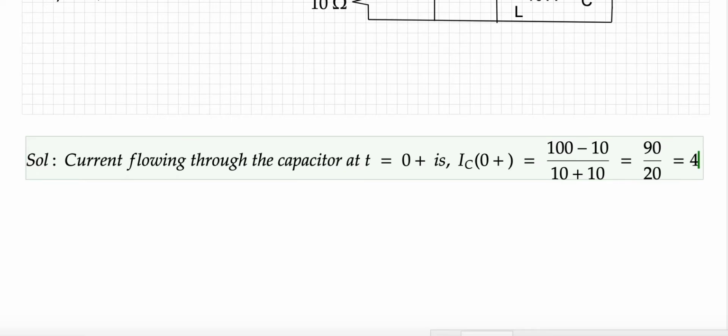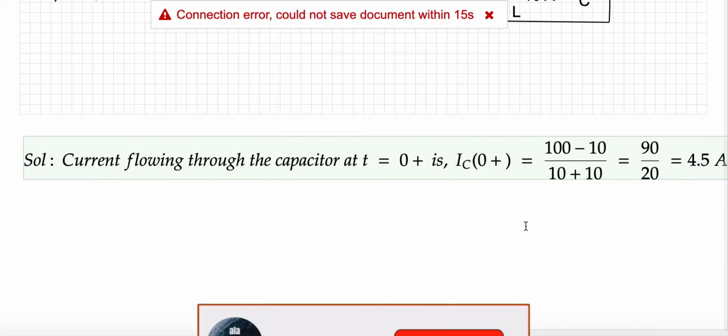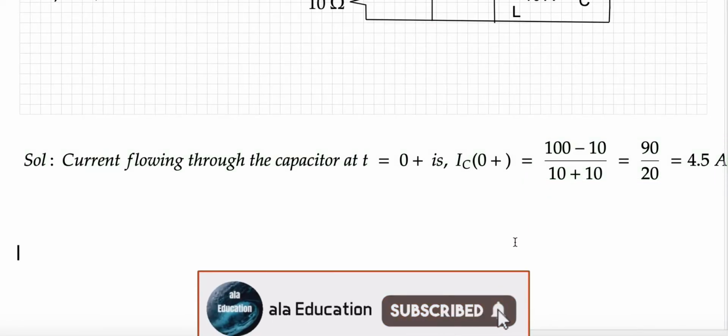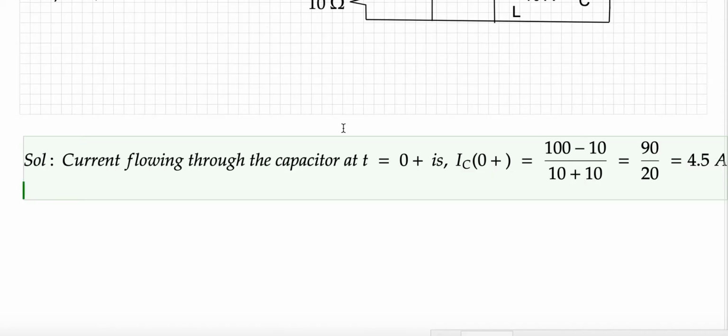So IC(0+) equal to 4.5 ampere. Now we got the current flowing through the capacitor. Can we move this along? No problem.